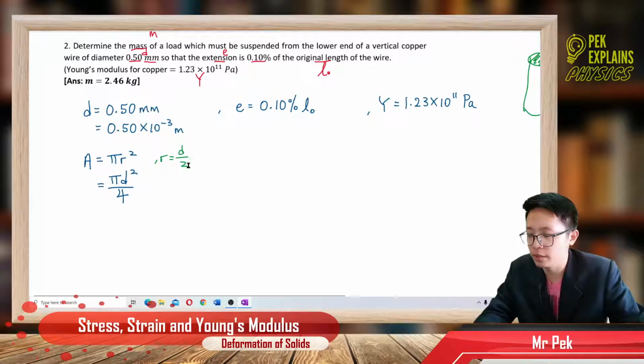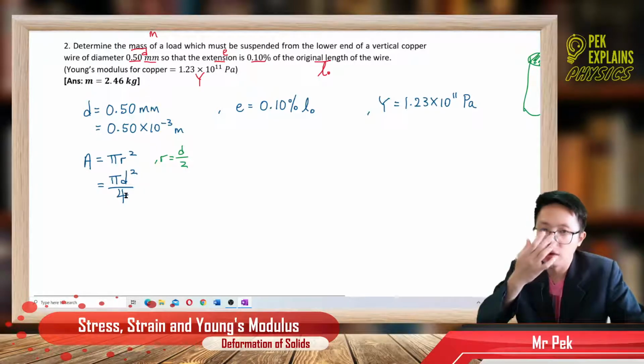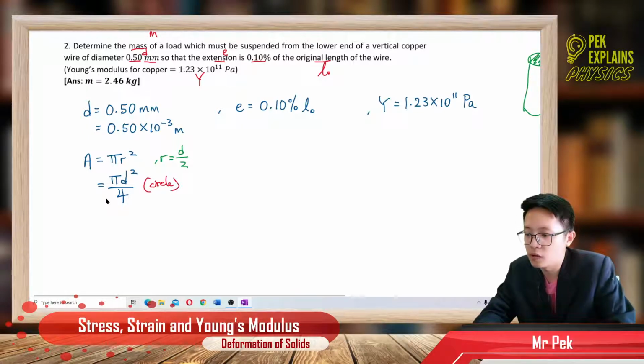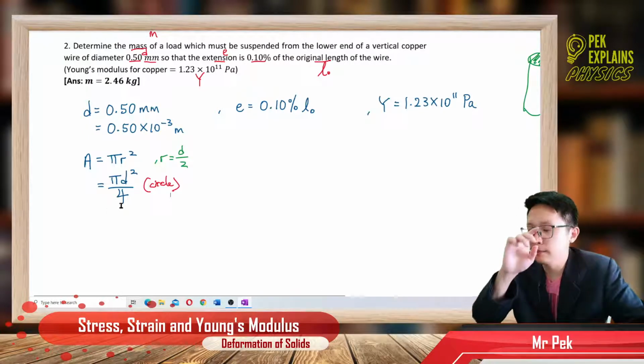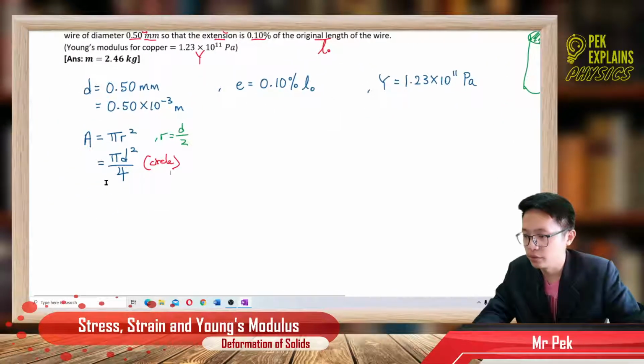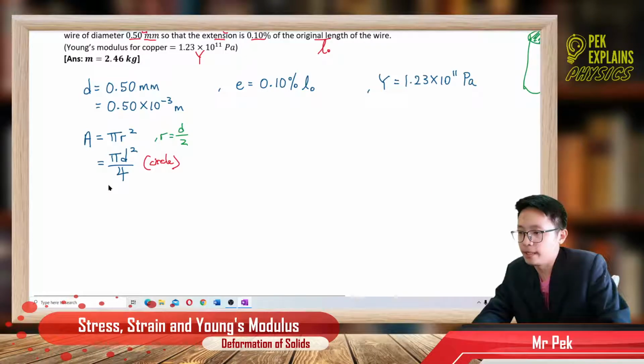We substitute diameter over 2 into the radius, we get area equal to pi d squared over 4. So actually, you can just remember this formula. Area is pi d squared over 4 or pi r squared for what? For a circle. Okay. Now, let's straight away find the cross-section area. Yeah, this area. So let's find out. Don't waste our time.